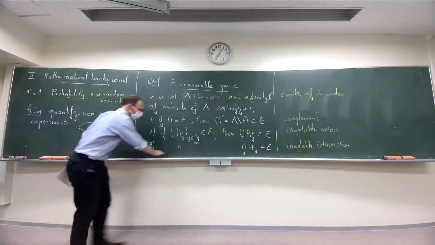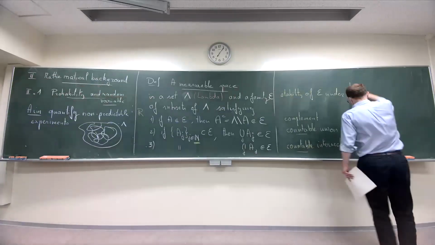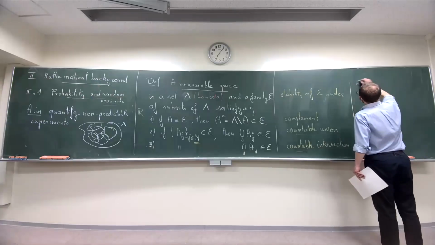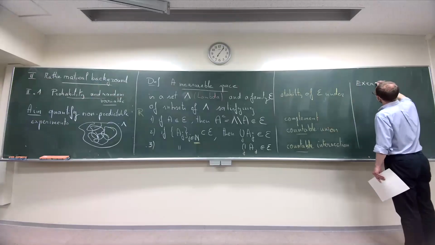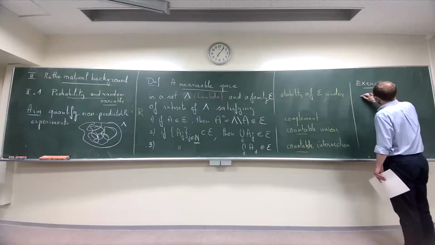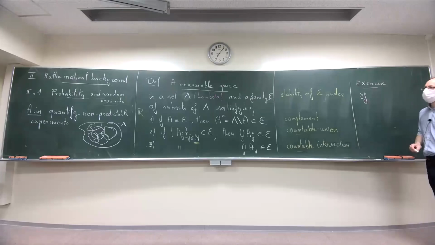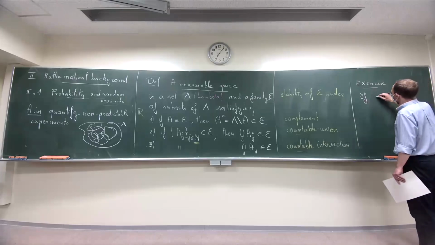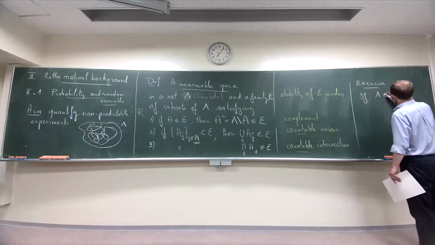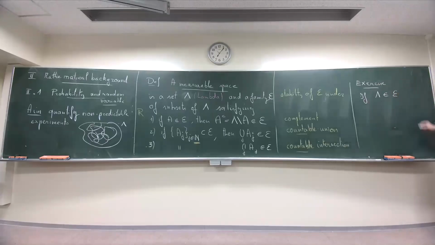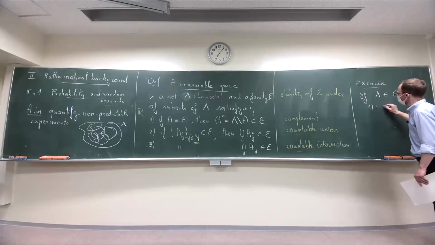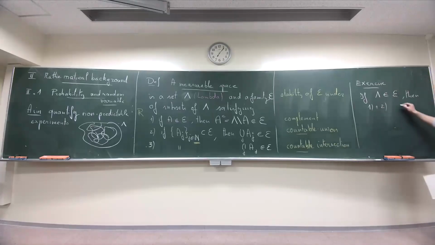Now a small exercise. Let me give an exercise. If the full set, lambda, belongs to E, so if the entire set belongs to E, then 1 plus 2, the first two conditions, imply the third one.